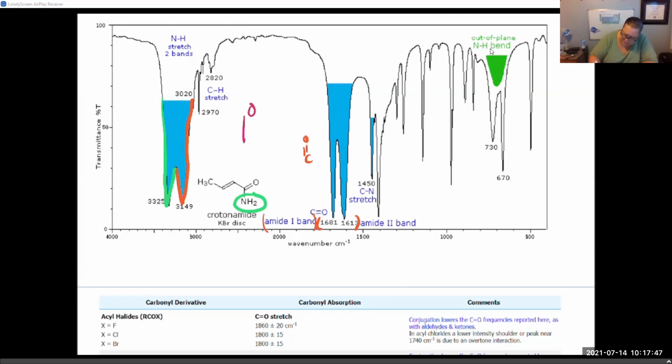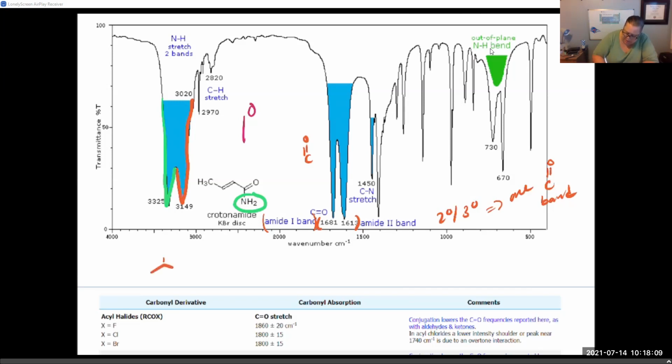Now, here's the funny thing. If I have a secondary or a tertiary amide, then I only have 1 carbonyl band. And the reason it's so low is because nitrogen is even less electronegative than oxygen.